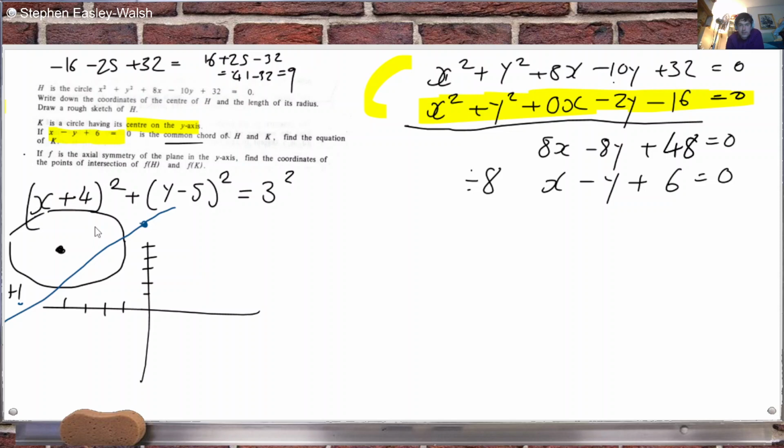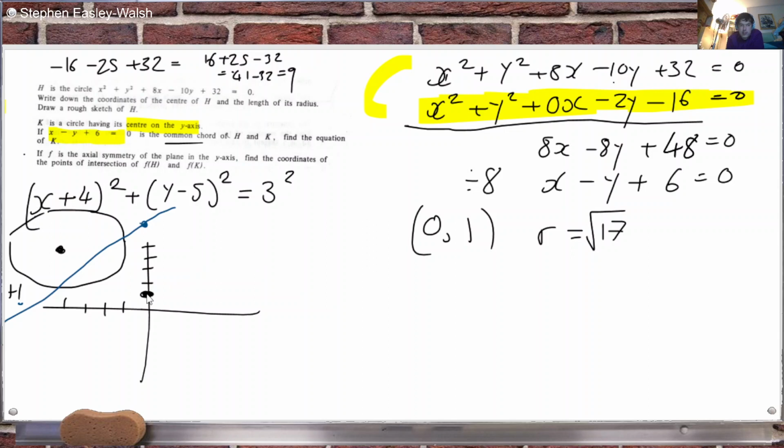Okay. Maybe I do need the center now. So 0, 1. So that would be here. And then the radius would be root 17.